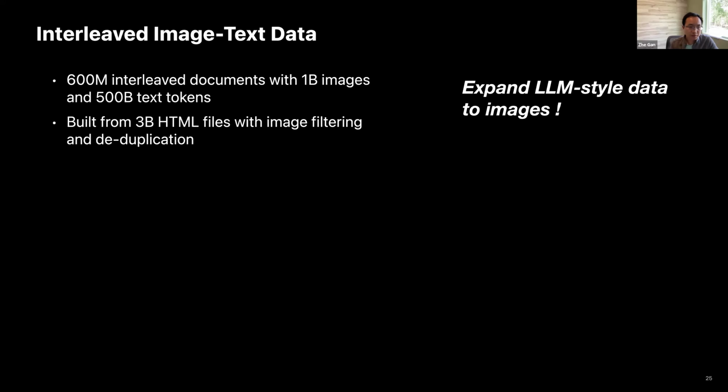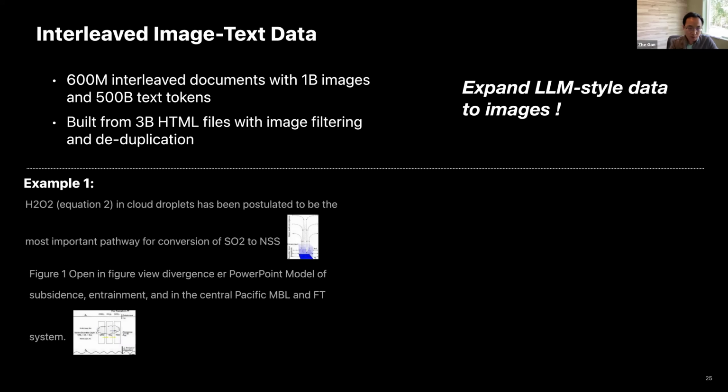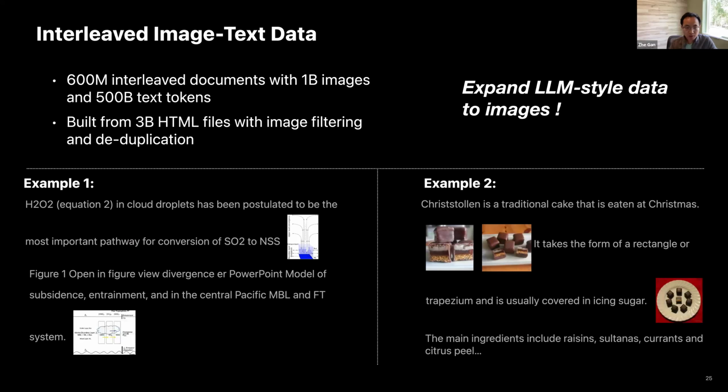We also have the interleaved image-text data. This is really driven by the fact that we think interleaved image-text data is important for the future of training native multimodal models, for example if you want to train the model from scratch. Even the LM data we use to train the LM is basically also this kind of very rich text data.